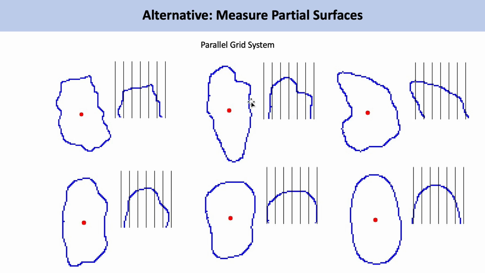So this is an alternative way of measuring these rocks: just a top surface, bottom surface, left surface, or a surface in the same specific region in every rock. And there are different grid systems that would yield cleaner results.